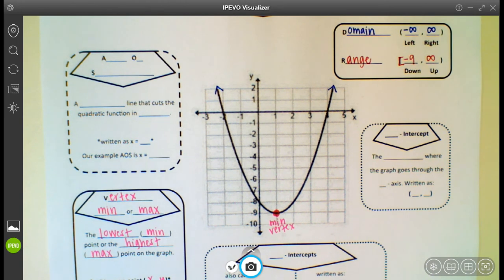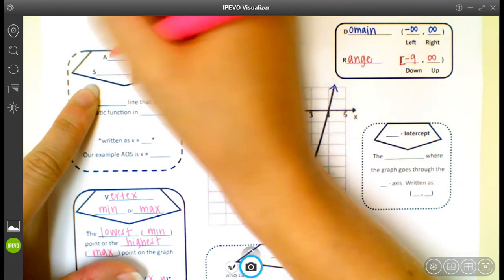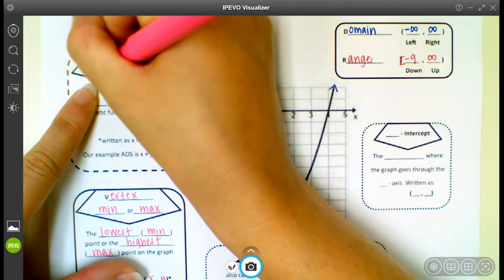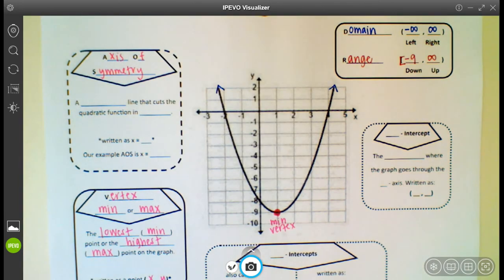Now, another piece that comes from the minimum or maximum, or the vertex, is the axis of symmetry, or the AOS. Up here at the top, we call this guy the axis of symmetry, and it's exactly what you think it is.